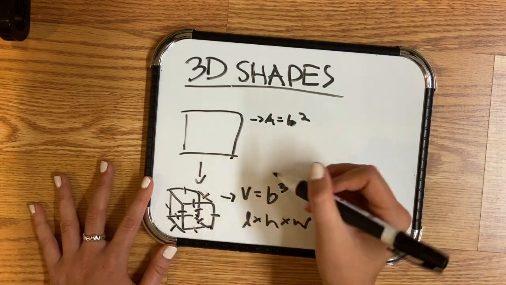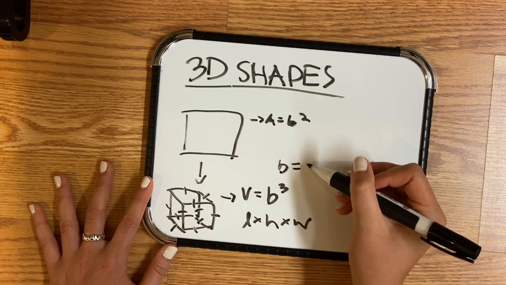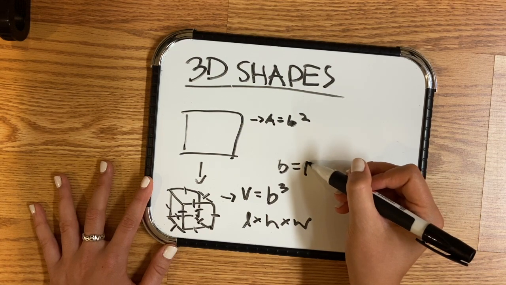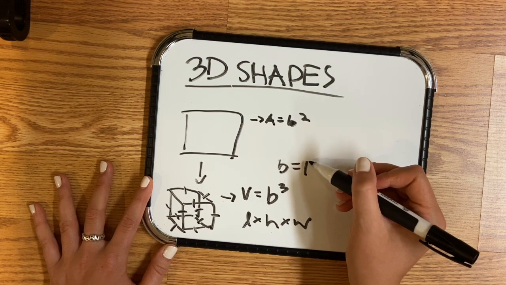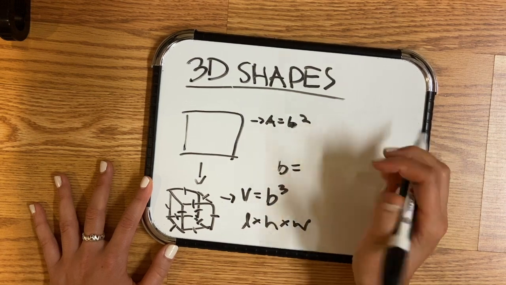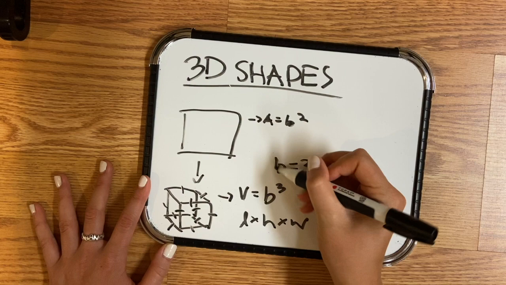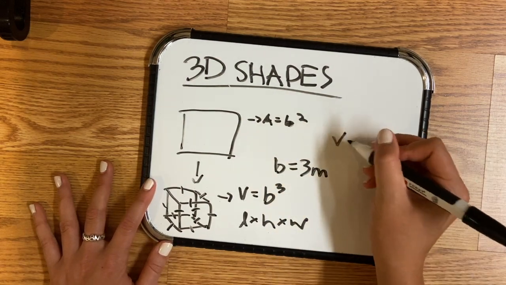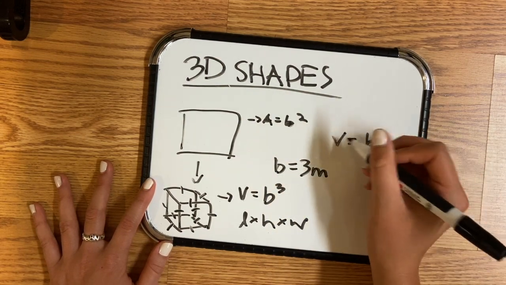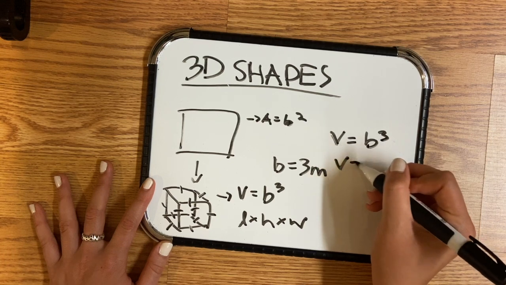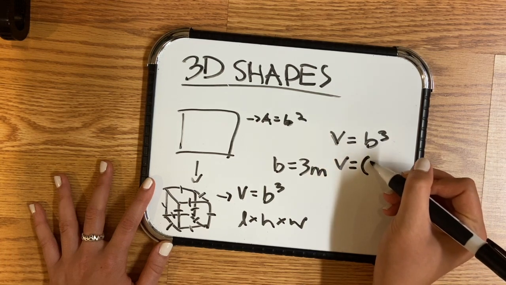Let's say one side is 3 meters. Let's find the volume. Well, volume is b cubed, so we know that b is 3 meters.